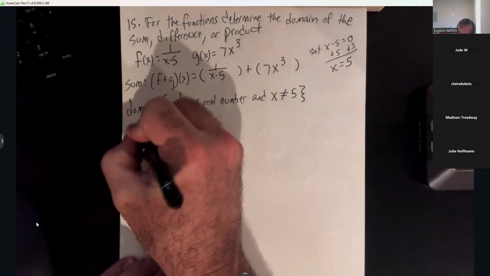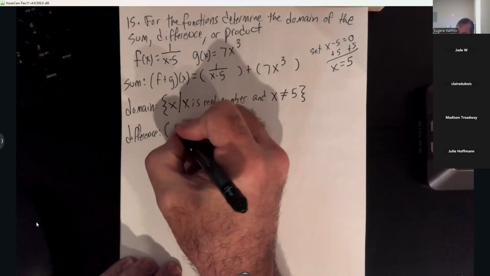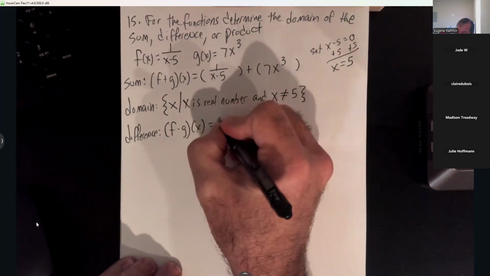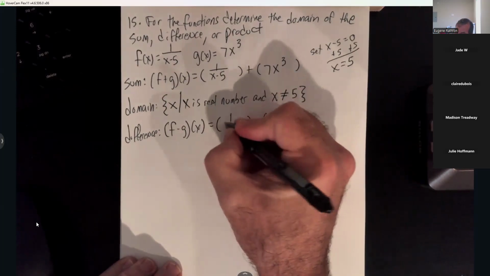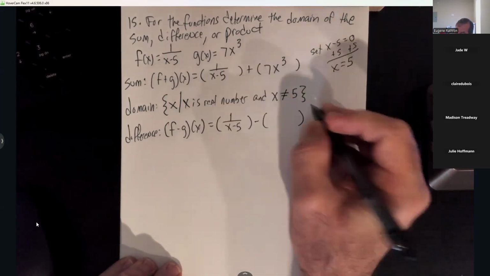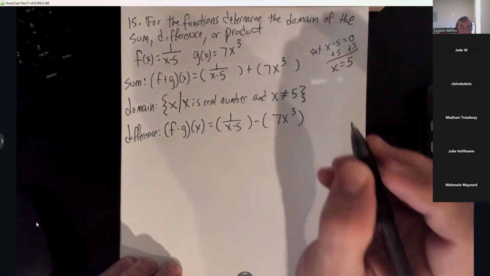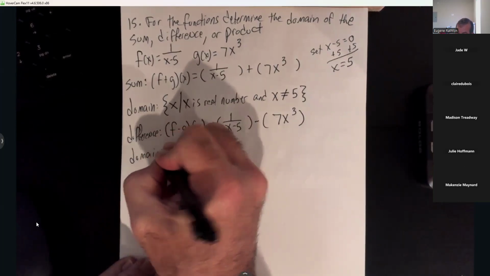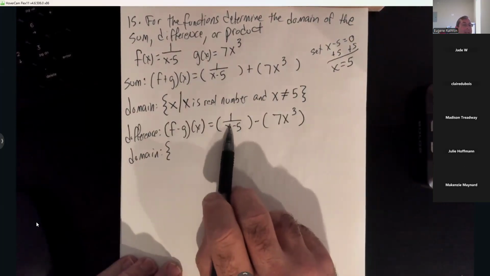So let's do the difference. That's going to be f minus g of x. That's going to equal your f minus your g. So 1 over x minus 5 minus what? A 7x to the third. And of course, this is going to be exactly the same, right?